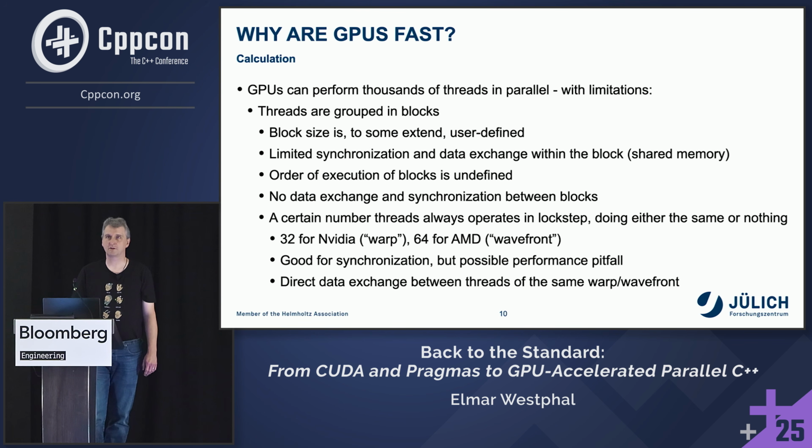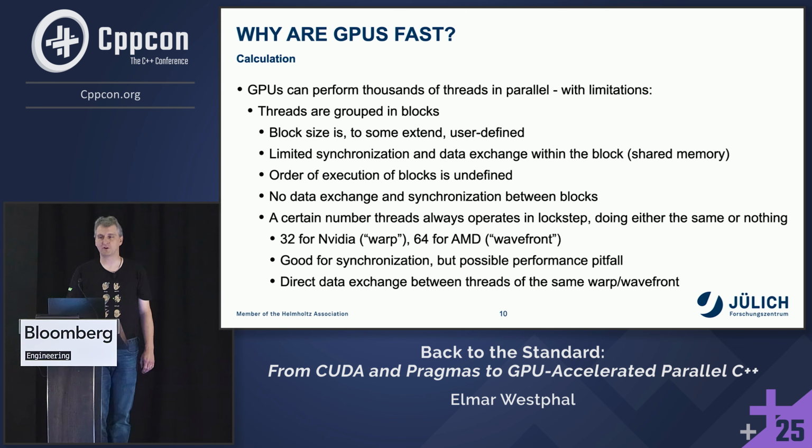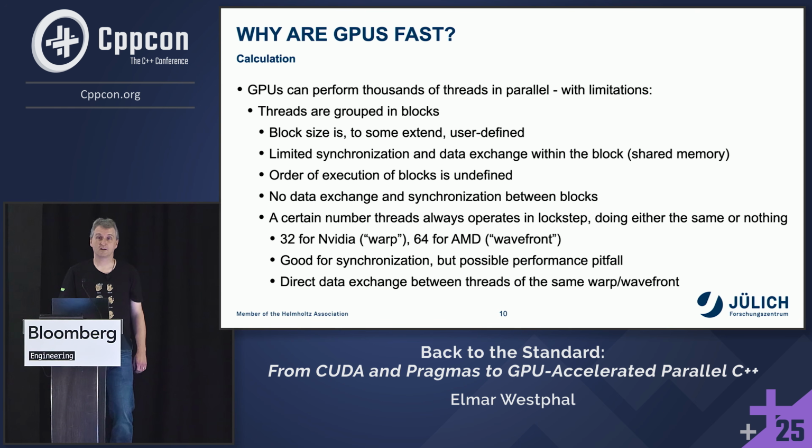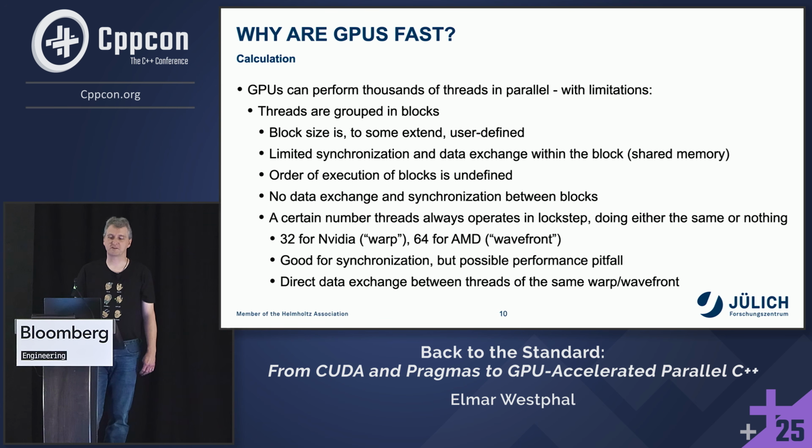There's a block scheduler, and whenever one of these blocks meets the requirements for being run, it is being run, then it may be paused again, and another block is running, and so on. And there's no explicit data exchange or synchronization between these blocks. A certain number of threads within these blocks operates in lockstep.